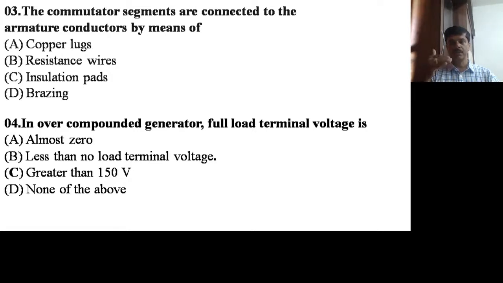So that means the flux in the field as well as the series will aid together. So therefore automatically the voltage will be greater than the normal voltage. So if you are assuming 150 volts as a normal reference voltage, automatically in an over compounded generator the full load terminal voltage is greater than 150 volts.